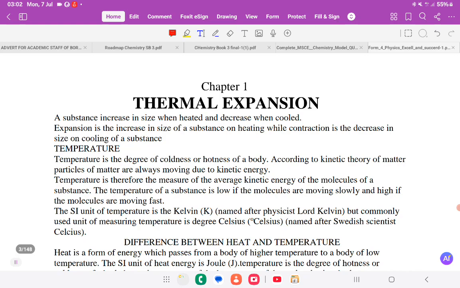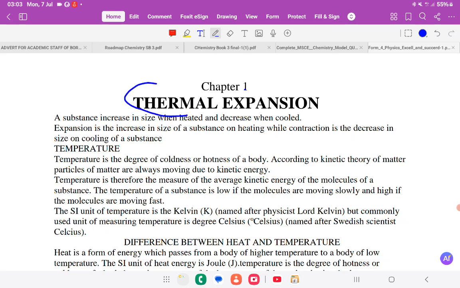So welcome to topic number 1, which is called thermal expansion. As I always say, in order to unlock the understanding of any topic, it is important to define that topic.